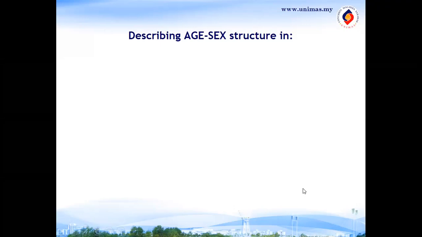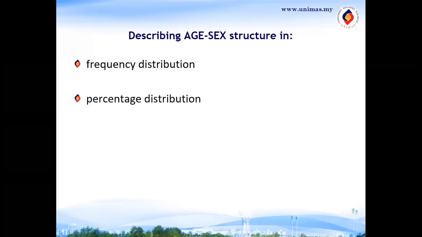We can describe the age sex structure in terms of frequency distribution, that is the number in a certain category, or we can convert it to a percentage, such as the percentage of the population below 15 years old, or what percentage of the population is aged between 20 to 25 years old.